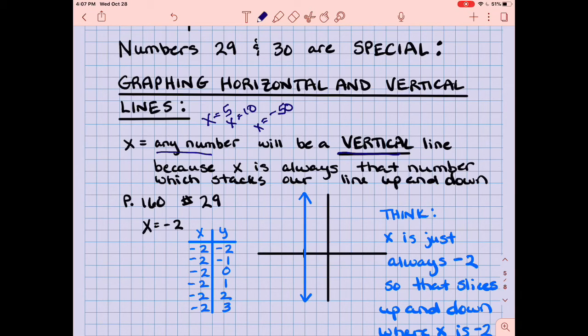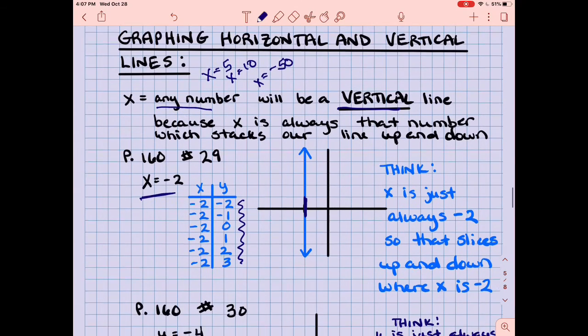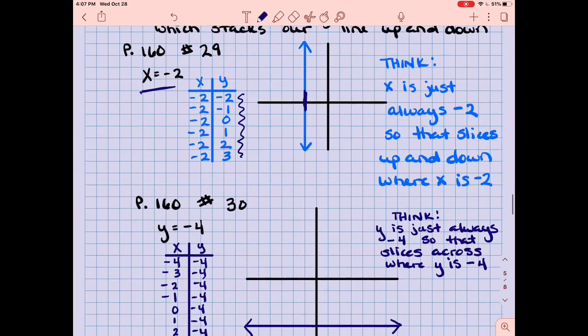In number 29, we have x equals -2, and so y is basically everything in the world, and x is always going to be -2, so it's just going to stack up straight up and down. I kind of do this in my mind, drawing up and down, going, okay, x is -2, and y is everything, and that gives me a very straight up and down line, not a number.